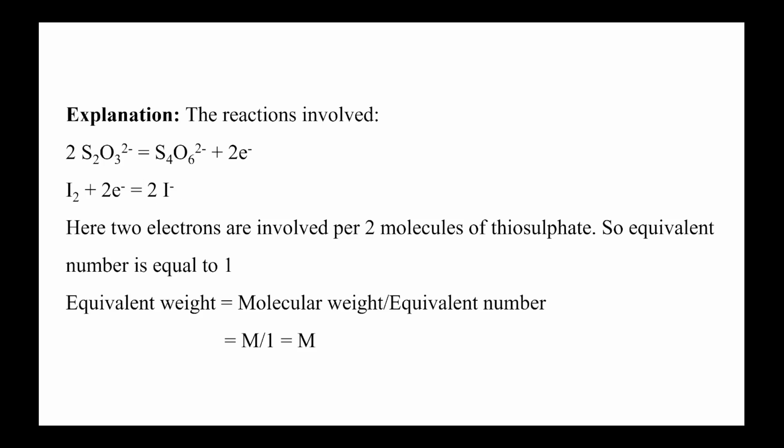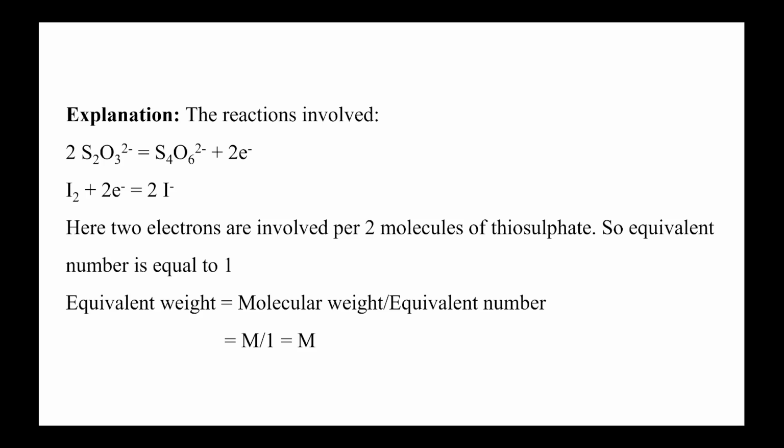So two molecules of thiosulfate involve two electrons. That means only one electron is involved per molecule of thiosulfate, right? If two electrons are there for two molecules, one electron is there for one molecule of thiosulfate.